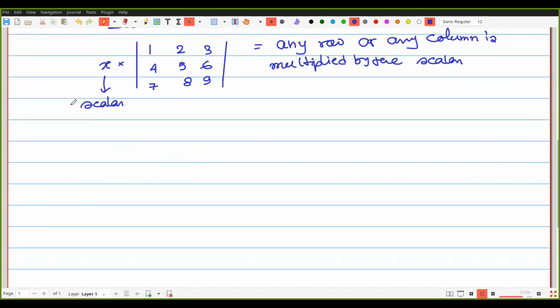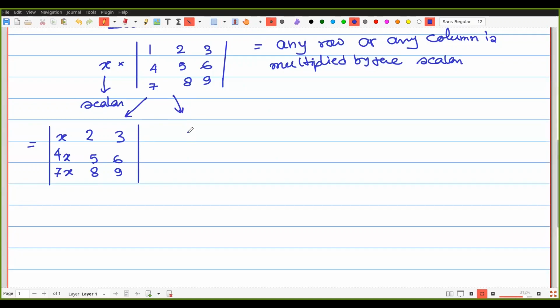Suppose we multiply the first column: it becomes x, 4x, 7x, and the other two columns, 2, 5, 8 and 3, 6, 9, remain unaltered. That is the first case.